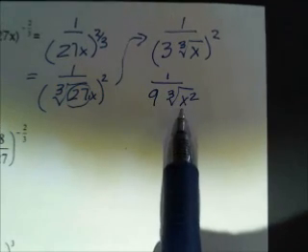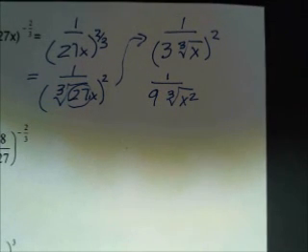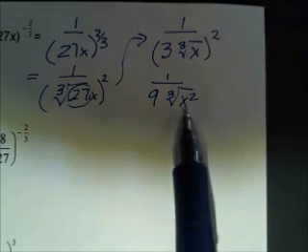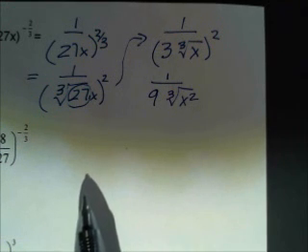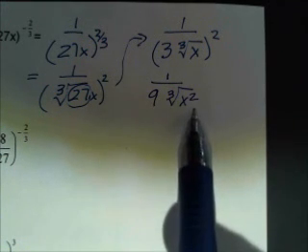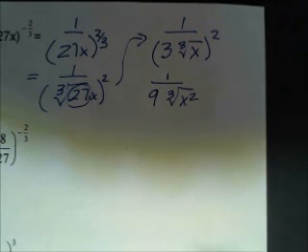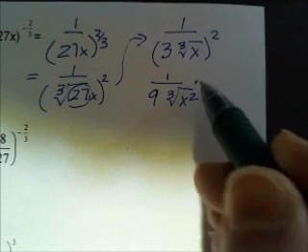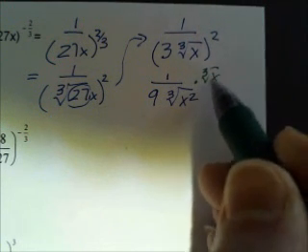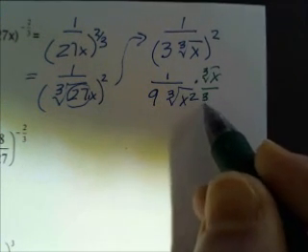Well, we cannot leave this radical in the denominator. So if we brought that x squared up to an x to the third, then we could take its cube root. So we're actually multiplying by the cube root of x over the cube root of x.